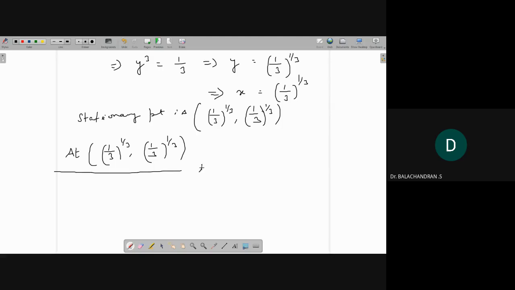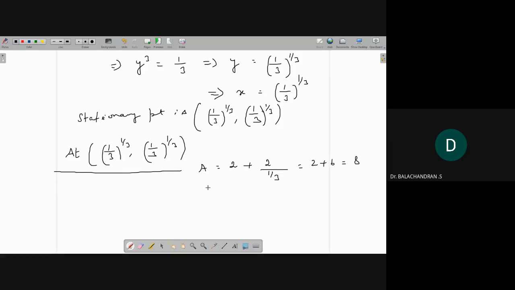What is A? A equal to 2 plus 2 by x cube. So this is x, x cube is 1 by 3. So 2 plus 3 into 2, 6, 8.